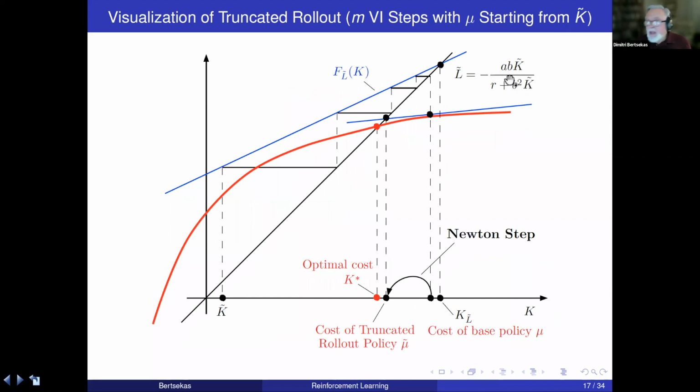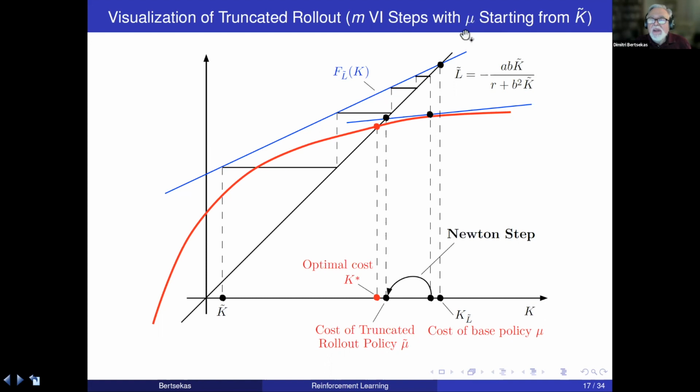Okay, so now let's look at a more difficult picture. Let's look at the truncated rollout with some base policy, but we use only m value iteration steps rather than infinite number of value iterations, starting from some K tilde.